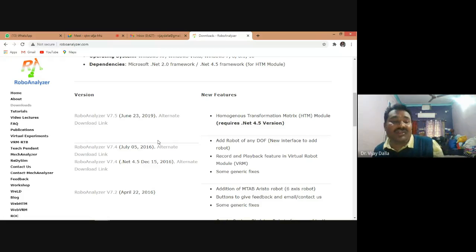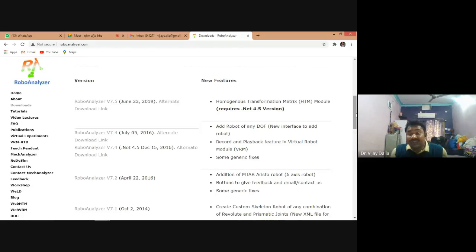Because it has added features like this homogeneous transformation matrix. Okay, so what is this homogeneous transformation matrix? You will see in that software how the values are being changed as per the movement of the robots.